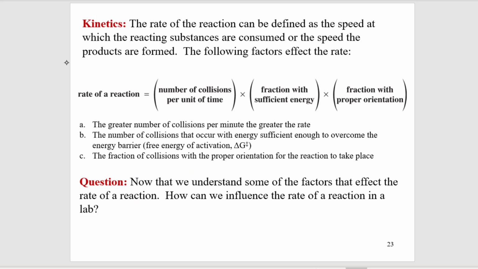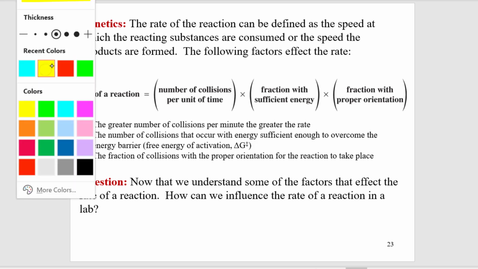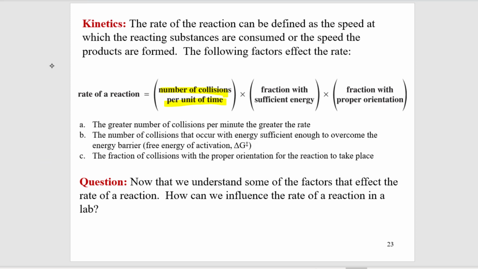And an easier way to think about the rate of a reaction, the how fast, is that it's dependent upon a few things. You have to consider the number of collisions per unit of time. So if these molecules are in a solution, they're colliding with each other, and you have to consider those collisions. You have to consider the energy. Collision has to be forceful enough to get something to interact.